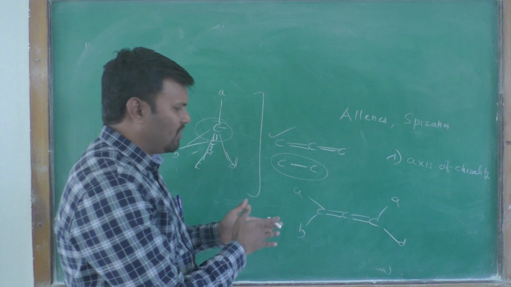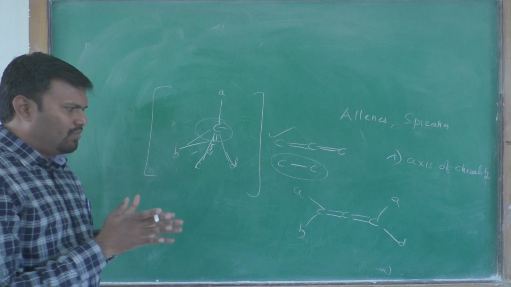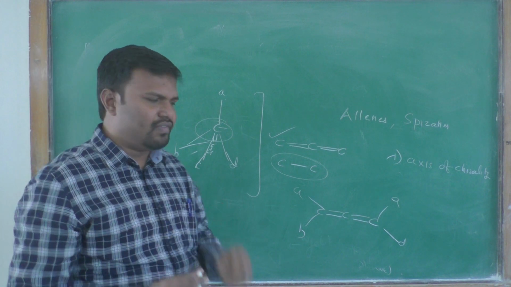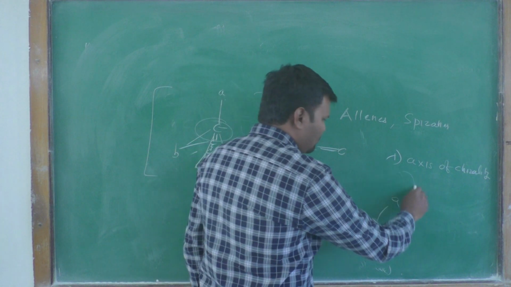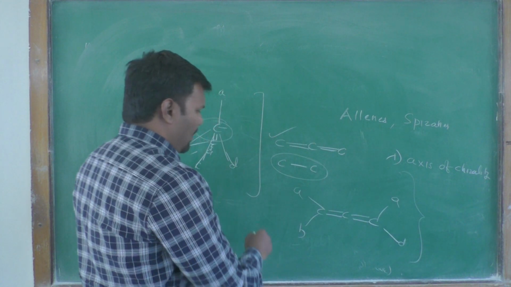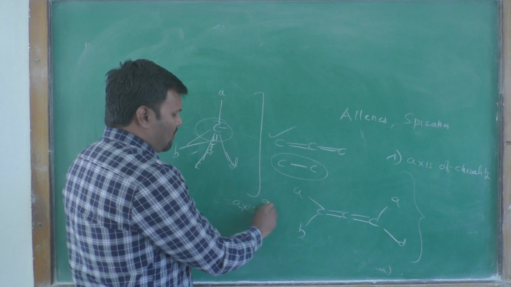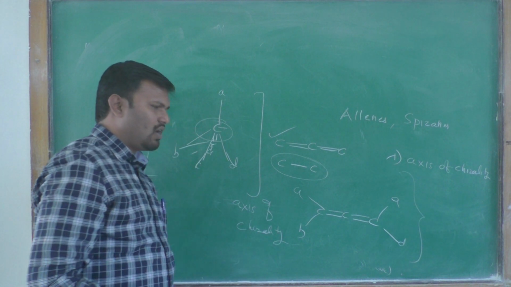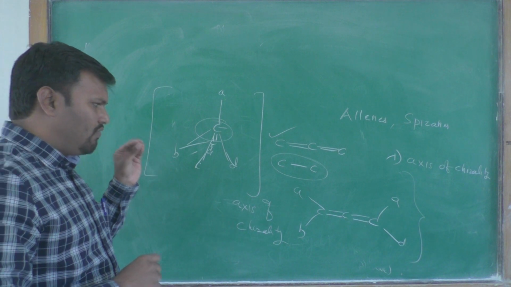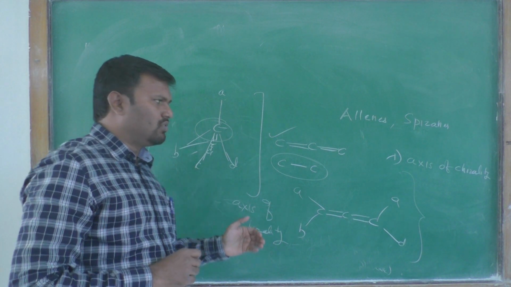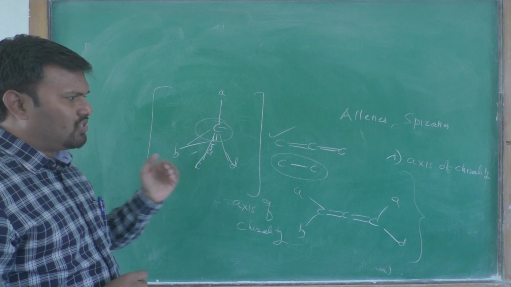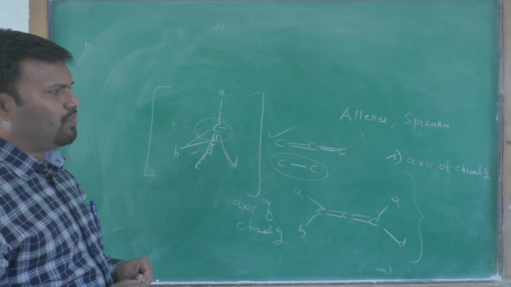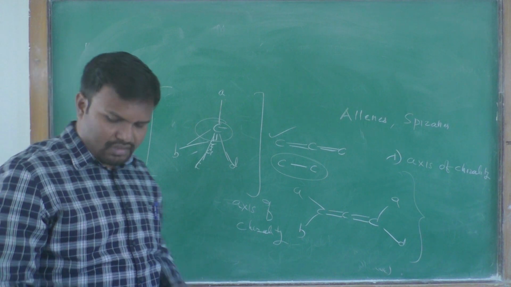Such elongation of tetrahedral geometry is present in allenes, spiranes and biphenyls, and such elongation produces the axis of chirality. If you find such an elongated tetrahedral carbon, that compound is considered to have an axis of chirality, and due to the axis of chirality it shows optical activity.